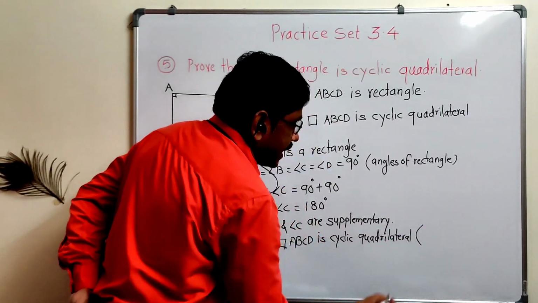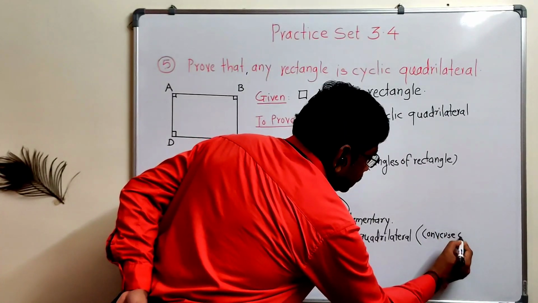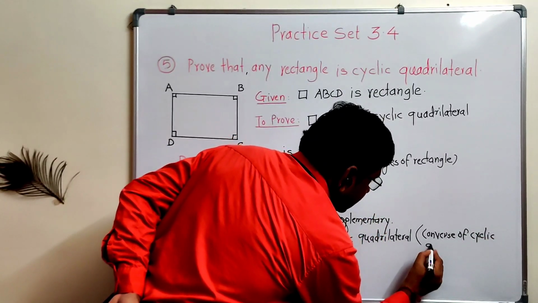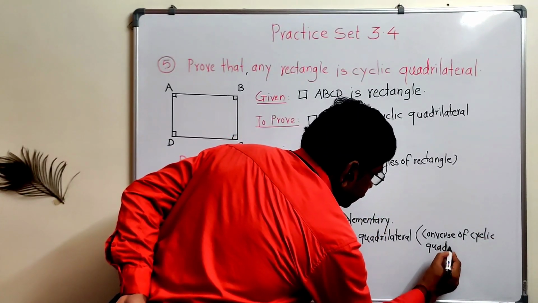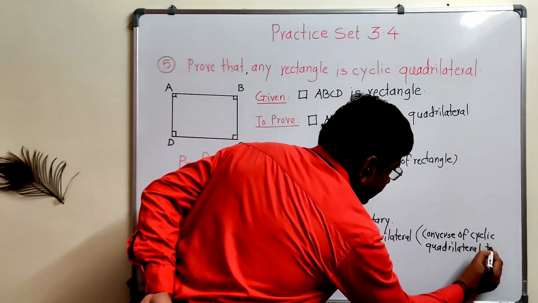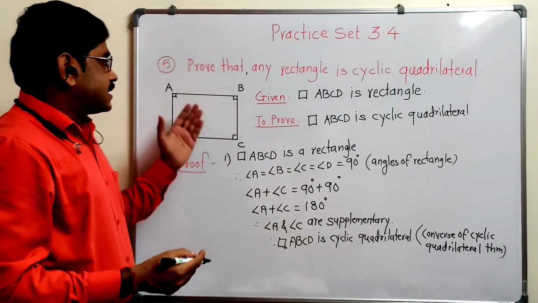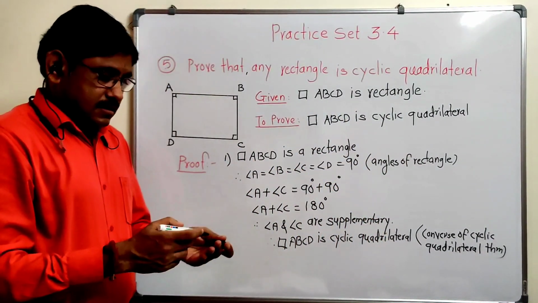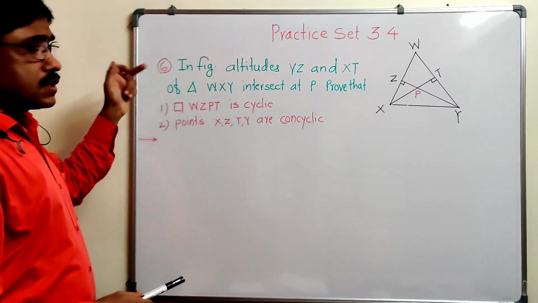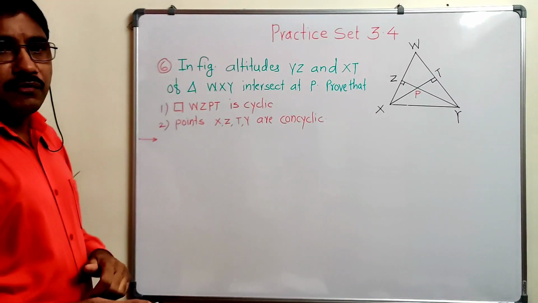Then by converse of cyclic quadrilateral theorem, we can prove that rectangle ABCD is a cyclic quadrilateral. So this is the fifth sum. This is the sixth sum from practice set 3.4.